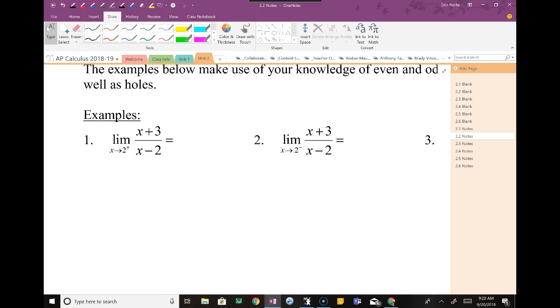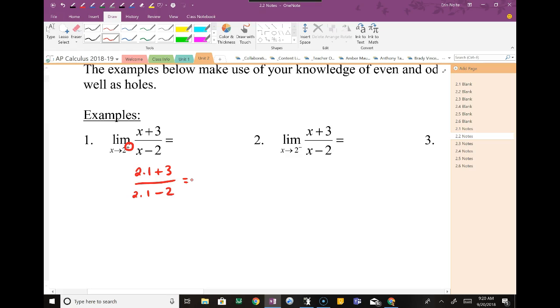I'm going to plug in a value slightly bigger. If I'm coming in from the right, I'm just going to pick a value slightly bigger, and then decide, is this going to a positive number or a negative number? Give me a number that's slightly bigger than 2. 2.1. If I plug 2.1 in, I'm really not too worried about the exact value. I'm just worried about if it's positive or negative.